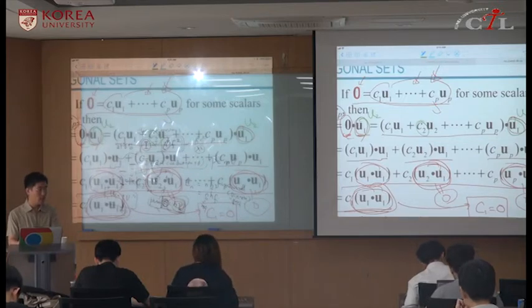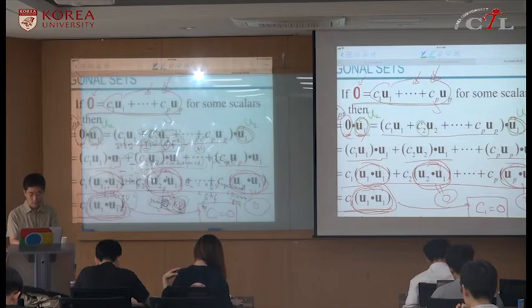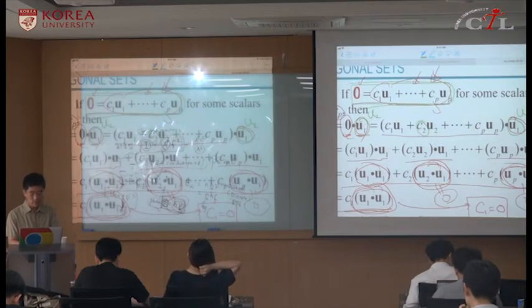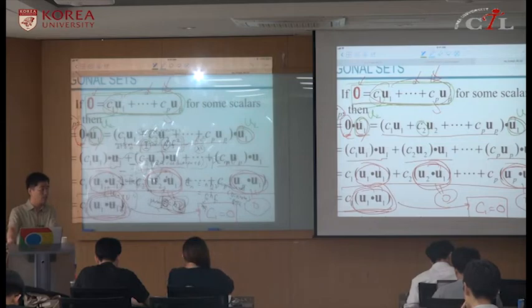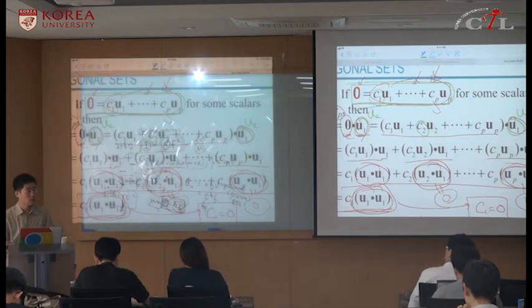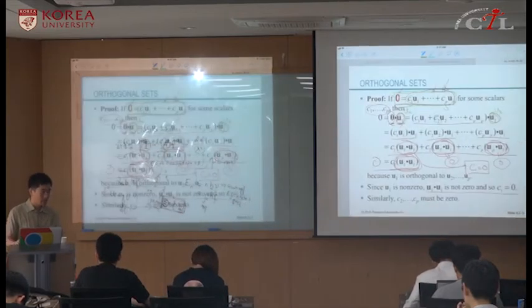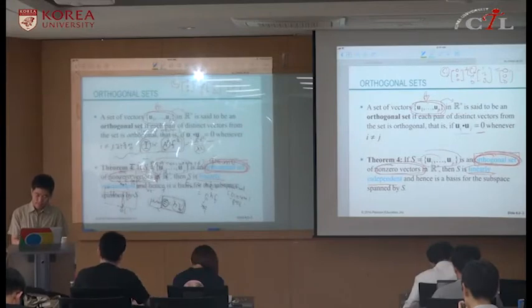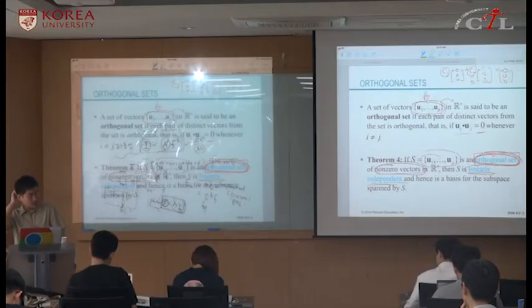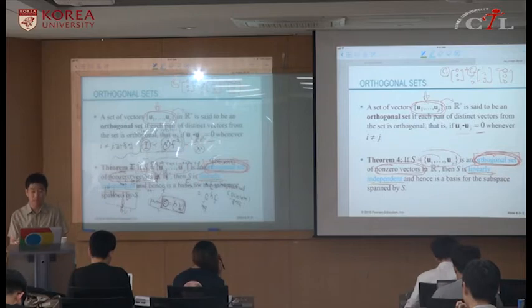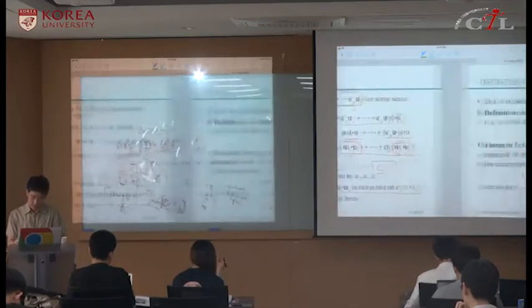Our conclusion is that c1 through cp are all 0. That means that each of our linear combination coefficients should be 0, so we shouldn't be able to find any non-trivial solution in this case, right? We cannot find any non-trivial solution, and thus the set is always linearly independent.